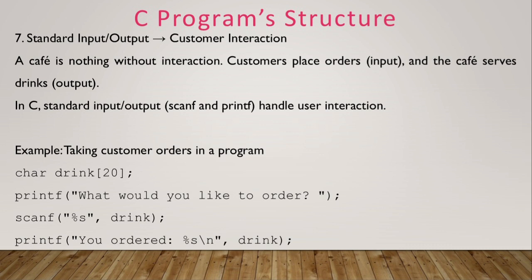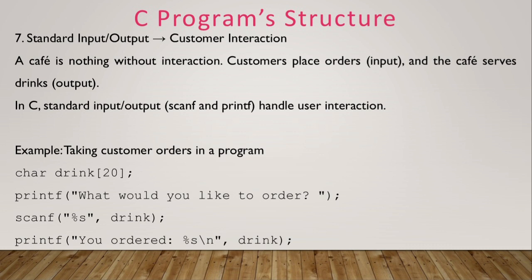This can be handled using two standard input output functions in C, scanf and printf. For example, a customer orders in a program. We have said char, which is a short form of character, and the name of the drink, and within the bracket I have written 20.